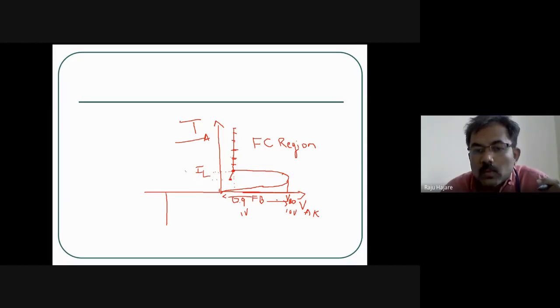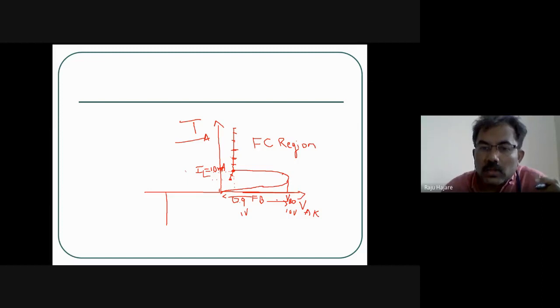Now, once you observe the latching current, slowly, maybe 0.05 volts, a small change in the VAK you make, you see the current may fall to this. Maybe for the time being, you assume it is the latching current in the beginning when it turns on, milliamperes of current.